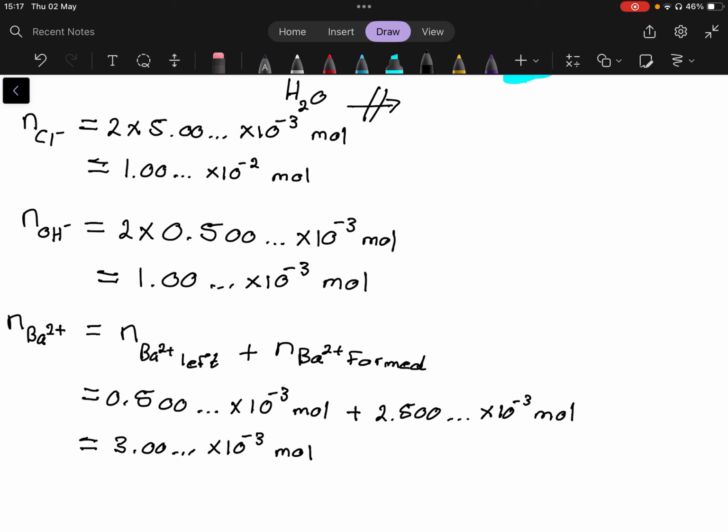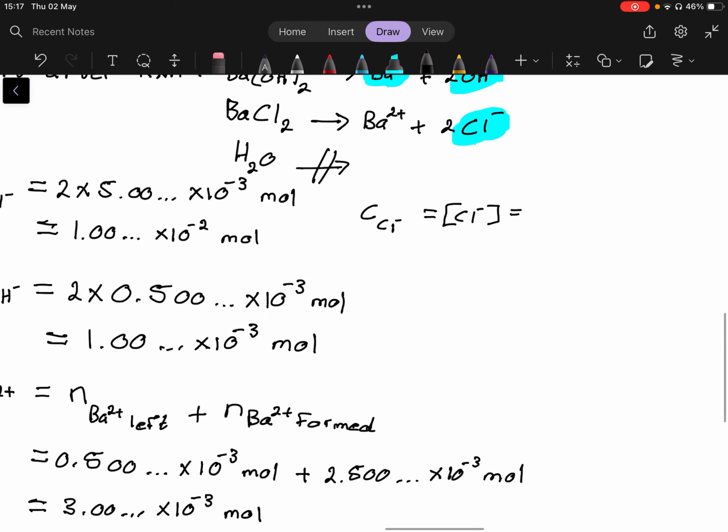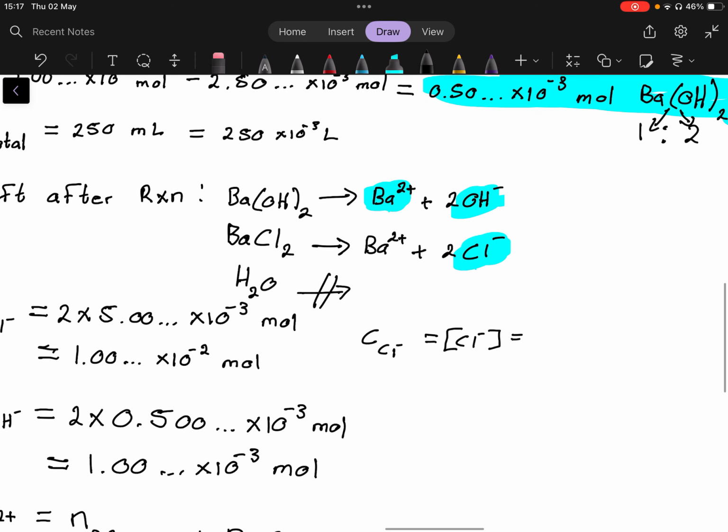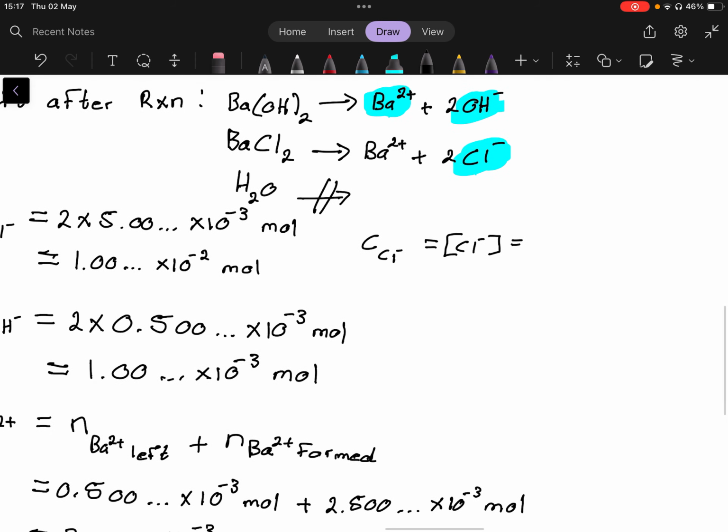So now that you have the number of moles, we just need to calculate the concentrations. The concentration of Cl minus, otherwise written as brackets Cl minus, is equal to the number of moles of Cl minus divided by the volume, and the total volume is 250.